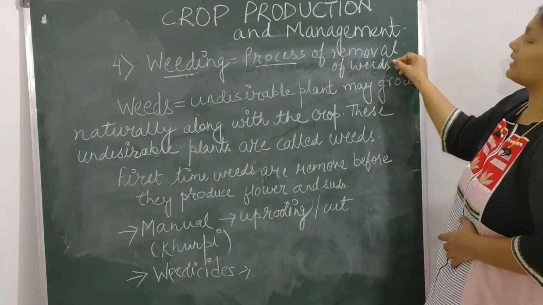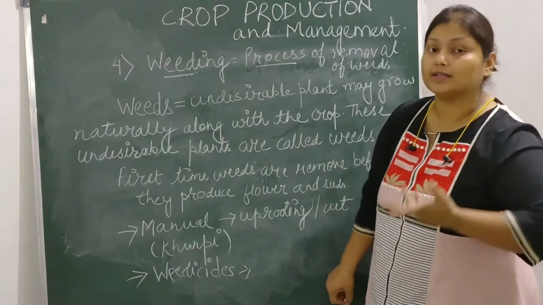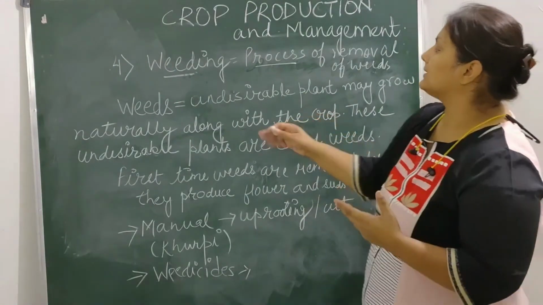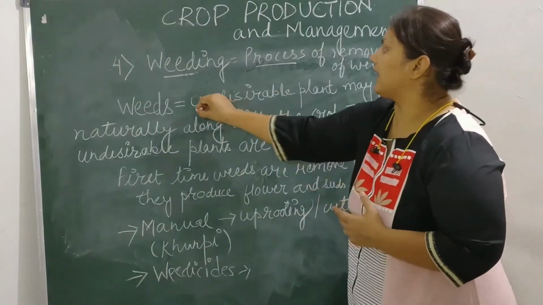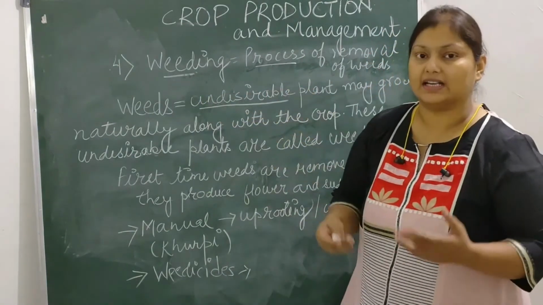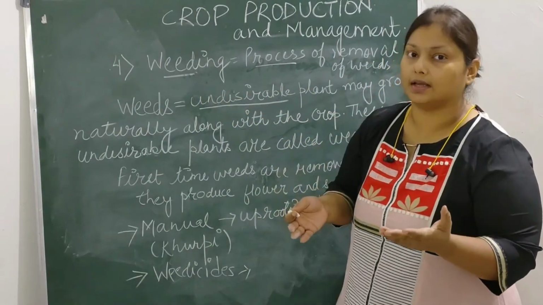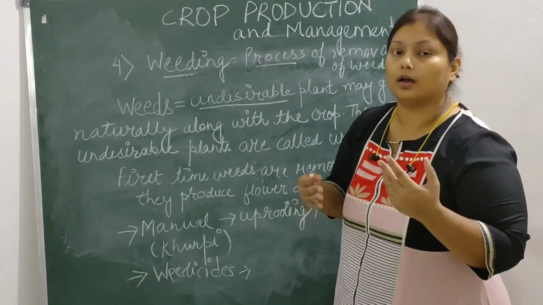The next question that comes to mind is: what is a weed? Weeds are undesirable, which means unwanted. जिस चीज़ की हमें ज़रूरत नहीं है, that is undesirable और unwanted.